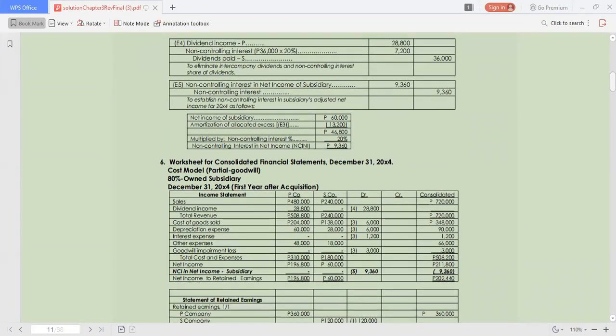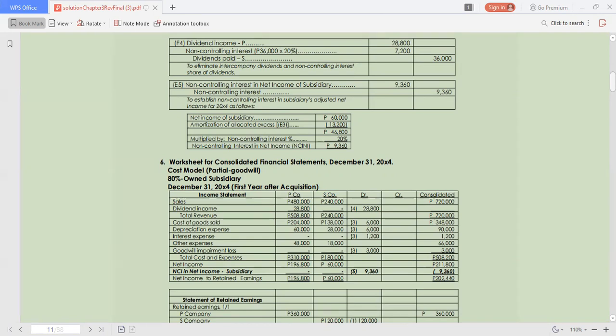Now to explain the differences in the amounts, we have dividend income of P company, sales of P company amounting to 480,000, dividend income of 28,800 now eliminated in E4: debit to dividend income of 28,800, debit to non-controlling interest, and credit dividends paid by S. That's why P company has dividend income of 28,800 that was paid by S company.